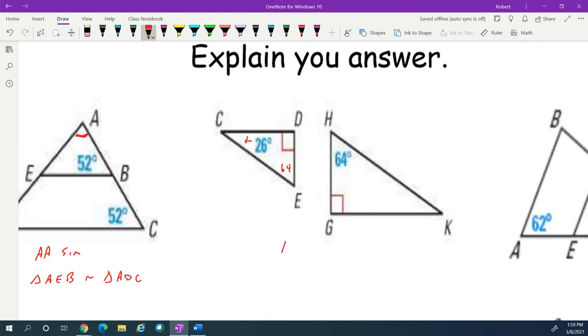So again, we have AA similarity. And maybe something like triangle CDE. So 26, 90, 64. KGH.